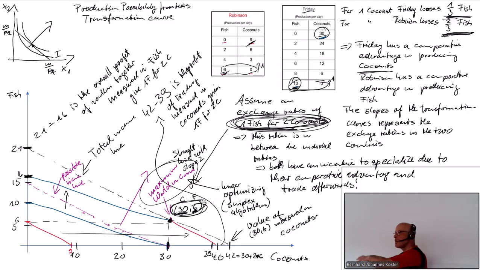Think of a company with linear production possibilities for, let's say, 15 different goods, and you want to know the optimal production plan in order to optimize revenue. Revenue is just price one times quantity one plus price two times quantity two, and nothing else than what we have done here. So the concept is also used in optimization processes within companies.